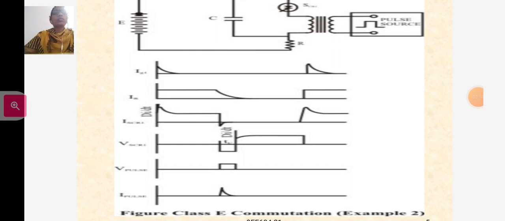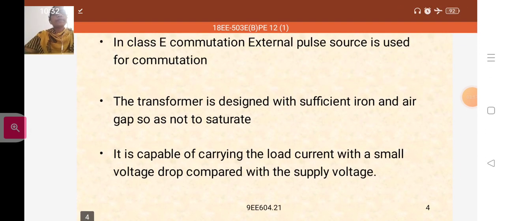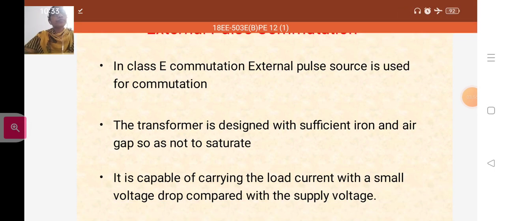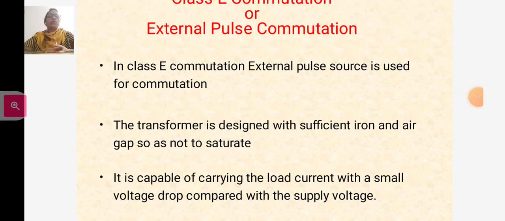So, in this class C commutation, an external pulse source is used for commutation. The transformer is designed with sufficient iron and air gap so as not to saturate.